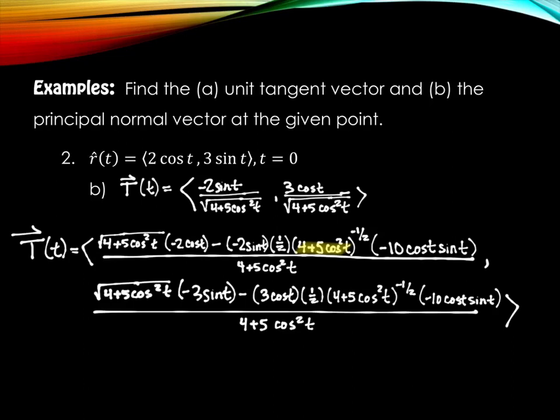So we're going to take this and evaluate it at 0, which is good news. Taking a look at what we have up here, where do you find places where it's going to equal 0? Anywhere where sine is.